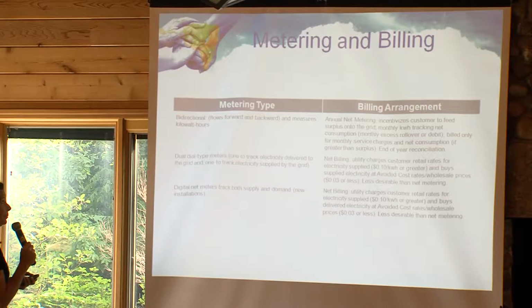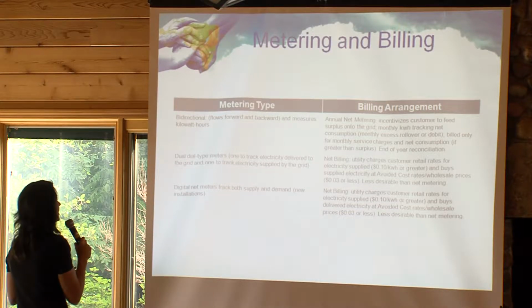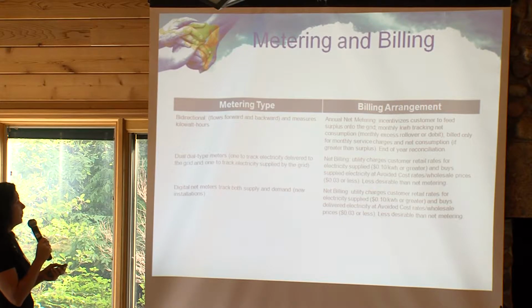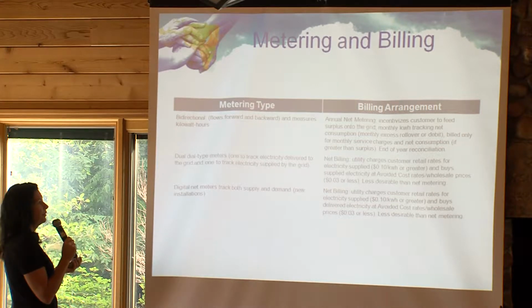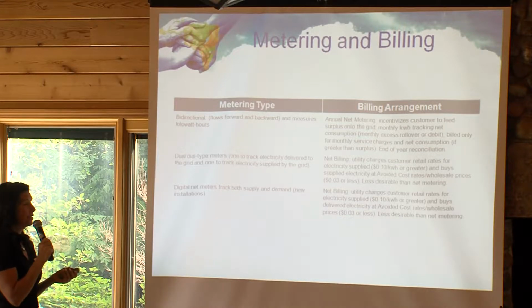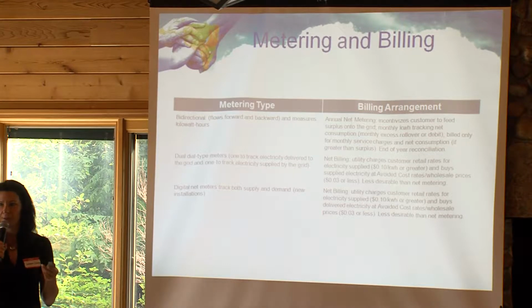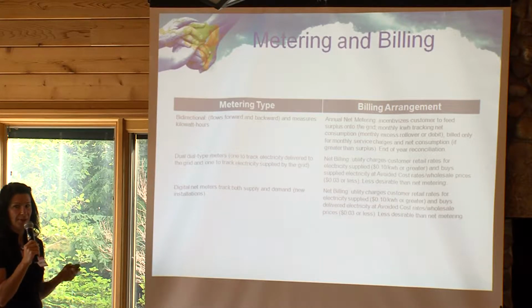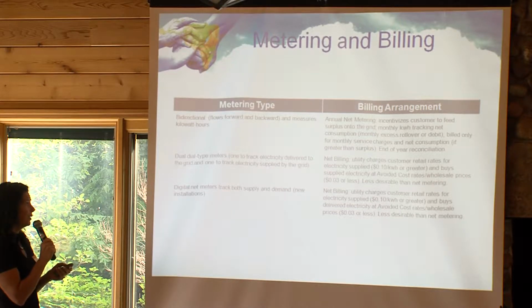In terms of metering and billing, when you're grid connected, your metering type is going to be bi-directional. The dual dial type meters have one to track electricity delivered to the grid and one to track electricity supplied by the grid. In most cases, meters are bi-directional now, but that is an option depending on your utility provider.